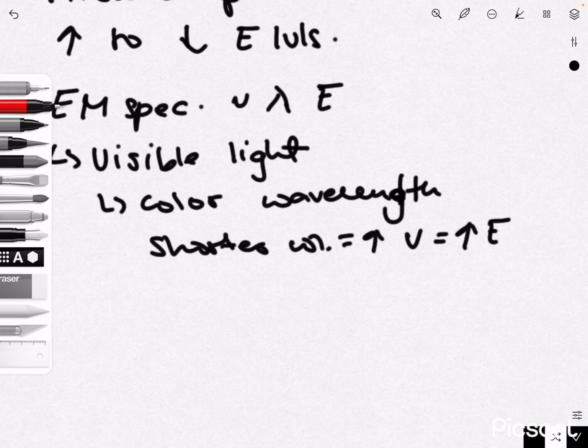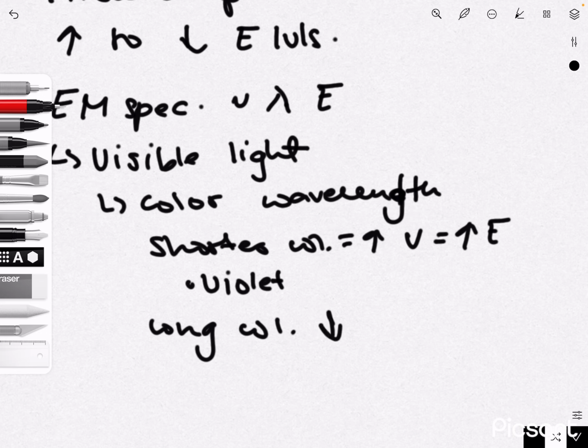So on the visible light spectrum, the color with the highest energy, therefore, is violet. If we look at this inversely, that means the longest wavelength will have the smallest frequency and the lowest energy, which means the color with the least energy would be red.